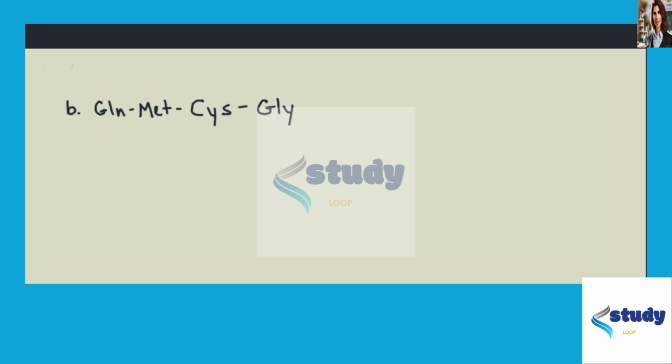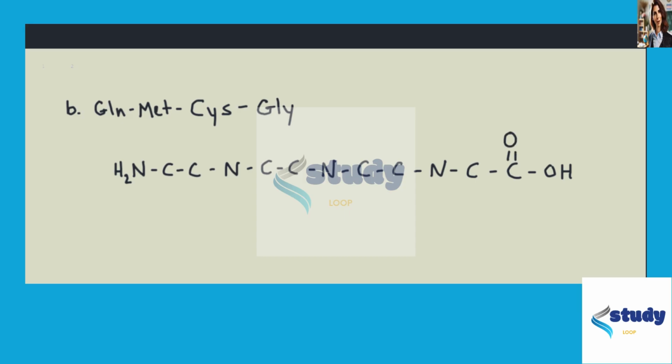So let's draw our main chain as before. Got our amino end, NCC, NCC, and so on, till we get all 4 amino acids there. And now we have our carboxylic acid group on the end.